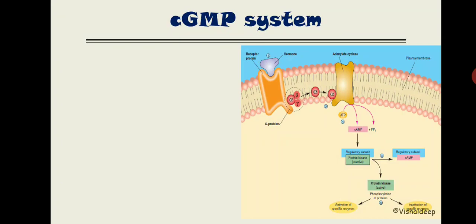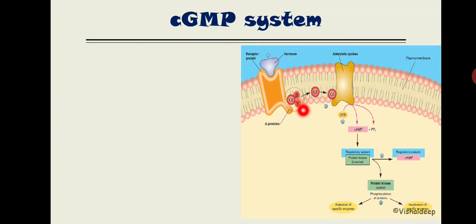So most of the steps remain the same. The steps change from the activation of the enzyme. Cyclic GMP will be formed by guanylyl cyclase, while in the case of cyclic AMP it is activated by adenylyl cyclase. Let me show you the figure of cyclic AMP.